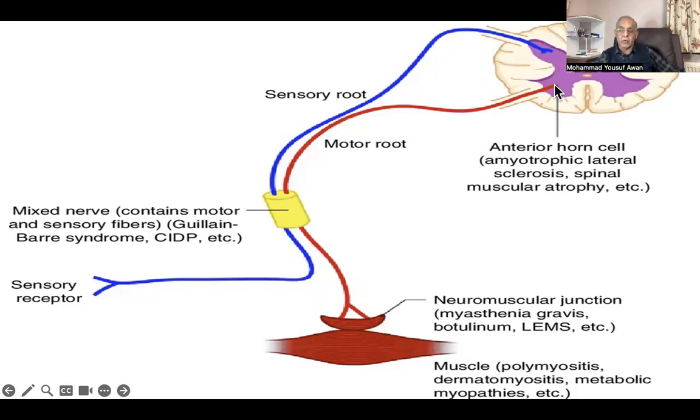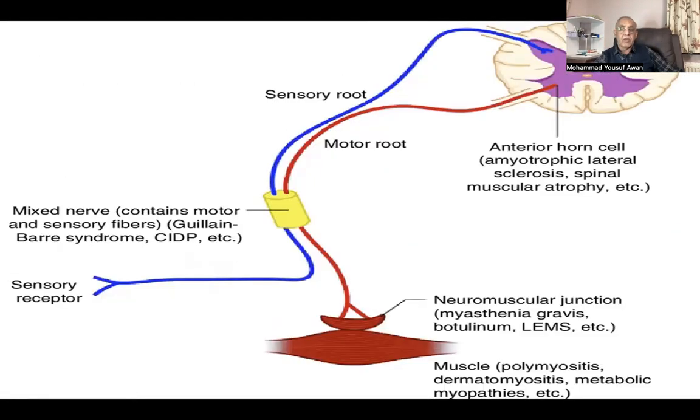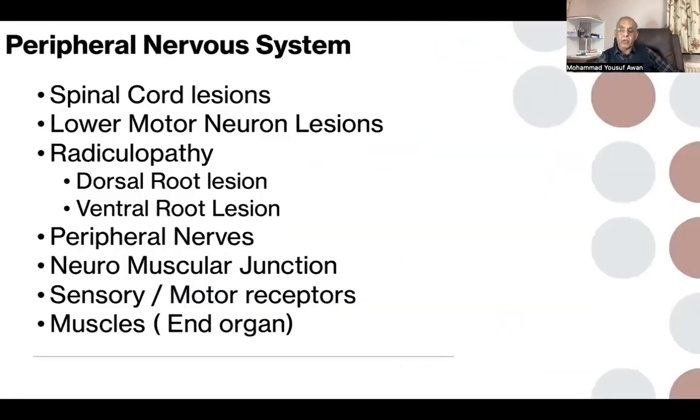These are lower motor neurons, and the fibers of the corticospinal tract from the precentral gyrus to the anterior horn cell are called the upper motor neurons, because those are the axons of the neurons present in the precentral gyrus.